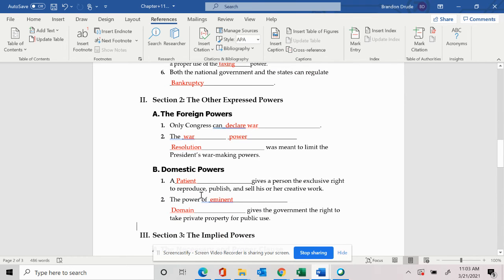Now there are some other powers, and one is the power of patents. The government can give out patents, and a patent gives the sole right to reproduce, publish, and sell creative works. A perfect example: let's say I made a brand new microchip for a video game, and this was revolutionary. It changes gaming forever.